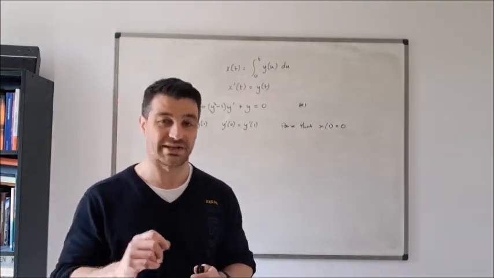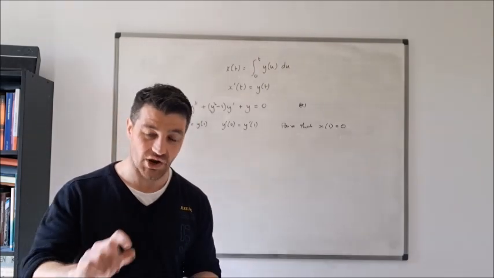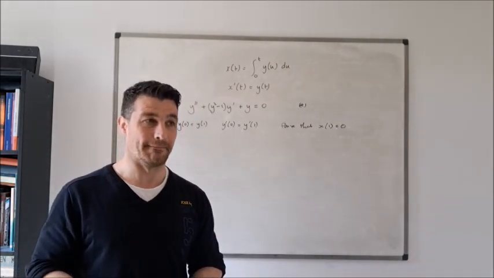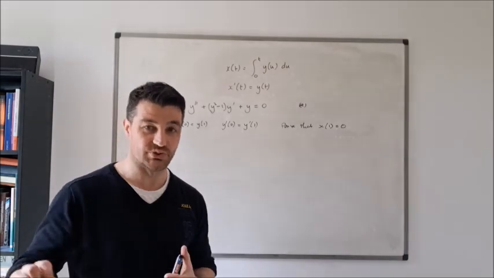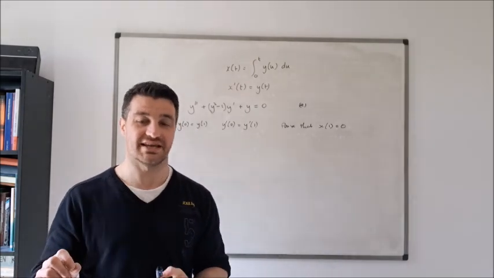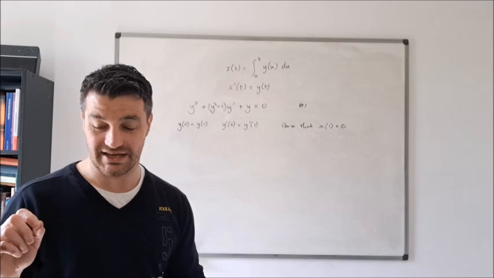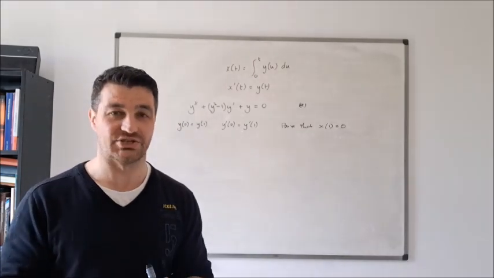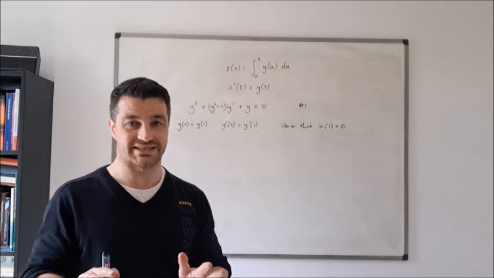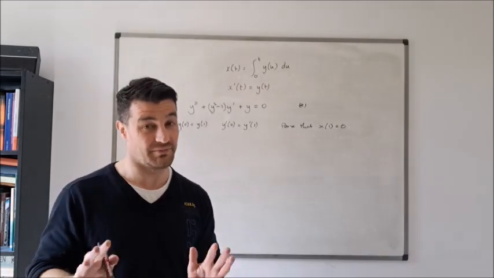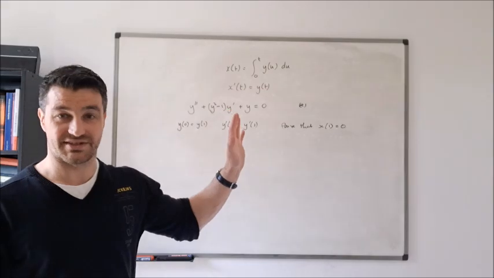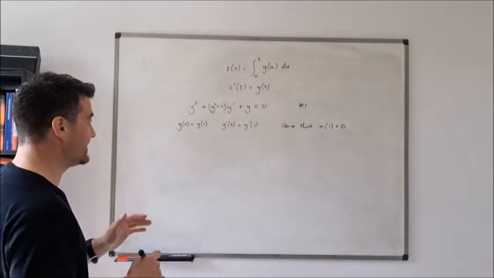Sometimes you've just got to have the courage to go ahead and just do what you've been told to do. If you've been given a hint, use it. Easy for me to say, and I'm guilty of not taking the hint straight away. It took me probably about 10 minutes to actually pluck up the courage to just integrate this thing. But go ahead and do it, okay?